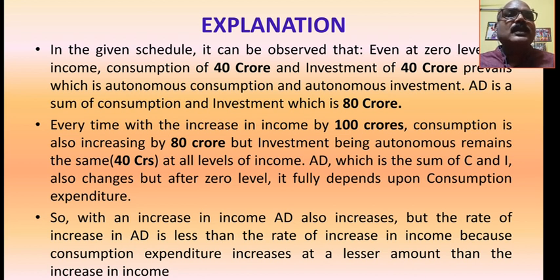So that's why the aggregate demand, that is the sum of C and I, changes, but after zero level it fully depends upon the consumption expenditure. सो एग्रीगेट डिमांड जो चेंज होता है वो कंजम्पशन एक्सपेंडिचर के ऊपर डिपेंड करता है। व्हाई? बिकॉज इन्वेस्टमेंट इज सेम एट ऑल लेवल ऑफ इनकम। इन्वेस्टमेंट कांस्टेंट हो गया, सो जो भी चेंज आता है वो कंजम्पशन में चेंज आता है। सो कंजम्पशन में जितना चेंज आता है उसी हिसाब से एग्रीगेट डिमांड में चेंज होता है। That is the thing. So with an increase in income aggregate demand also increases, but the rate of increase in aggregate demand is less than the rate of increase in income, because the change in aggregate demand is based on consumption, and you note that every time when income increases, consumption increases but less than income.